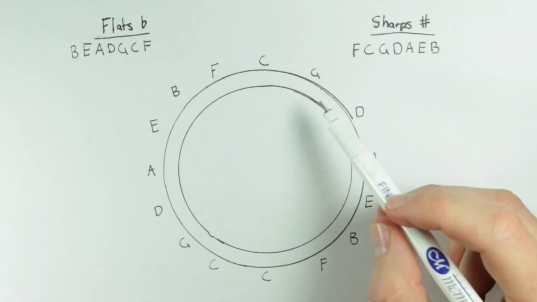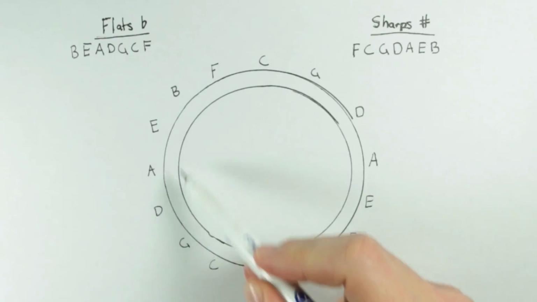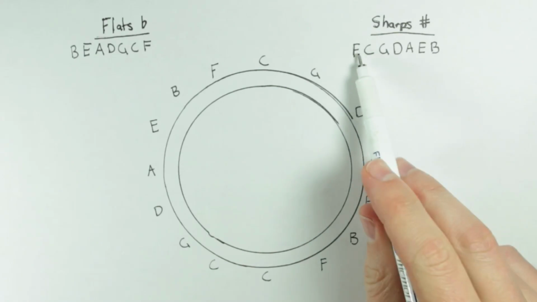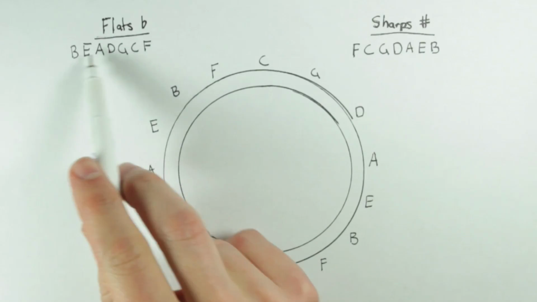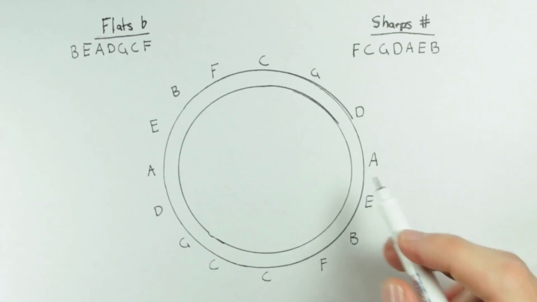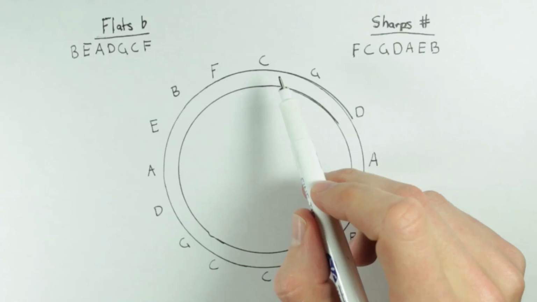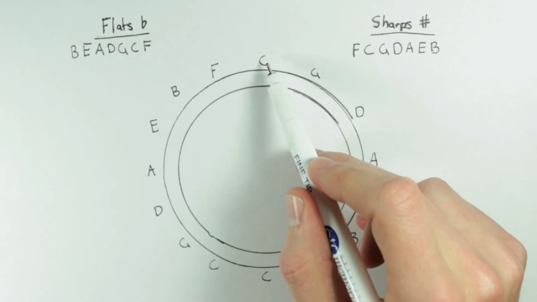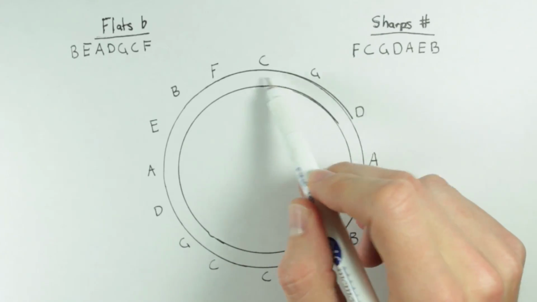Okay, so now we need to number each one, which determines how many sharps or how many flats they have. So the key thing to remember is C has no sharps or flats, so that's just 0.